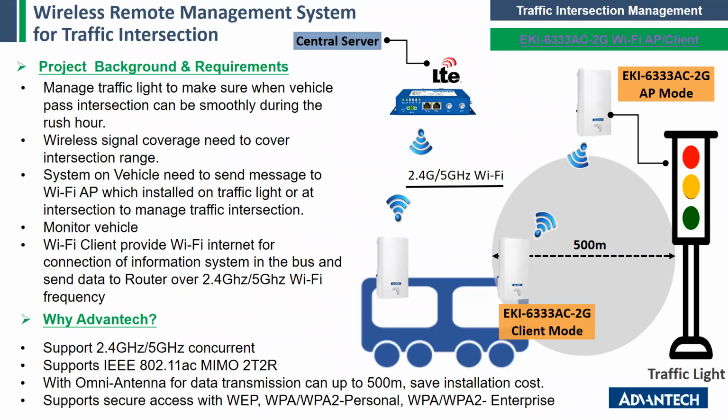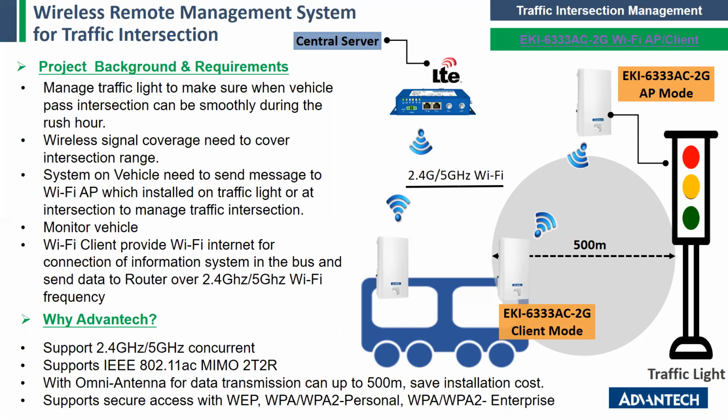Just a cool example here, actually combining the ECI 6333 and the LTE module we talked about before. On public transit buses, if you ever thought about this or noticed this, they get what's called route priority, so prioritization. When a bus comes through an intersection, that signal needs to change, and they need to keep track of that vehicle as it's on its route to let passengers know when the next bus is coming and so forth.